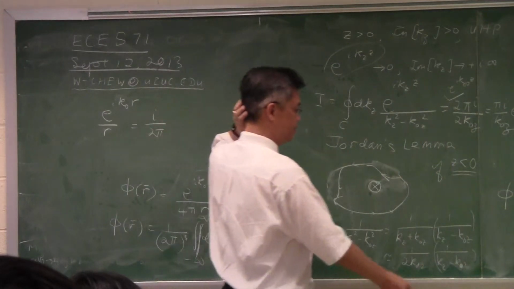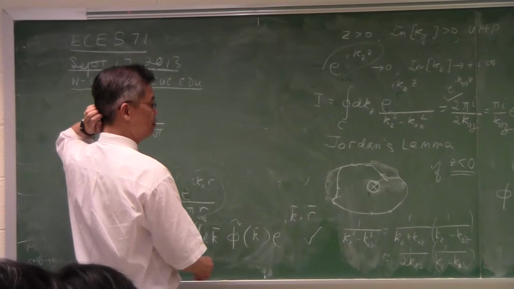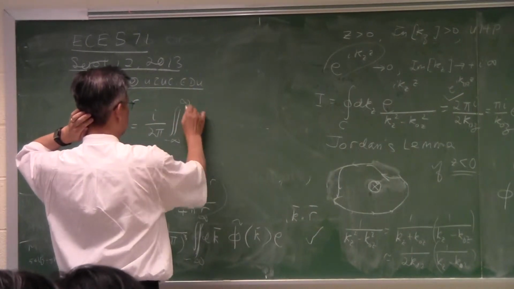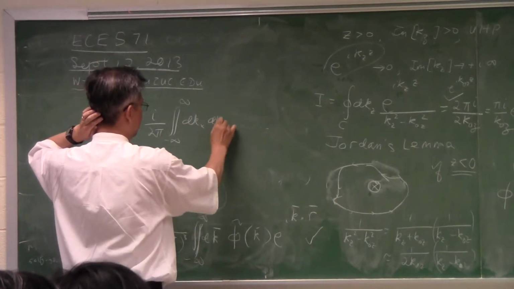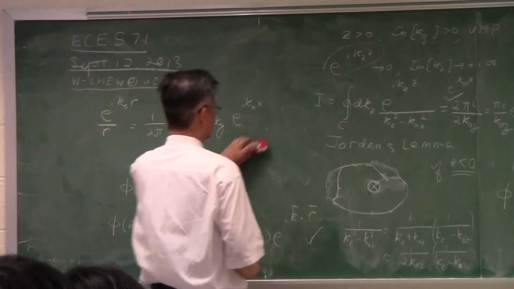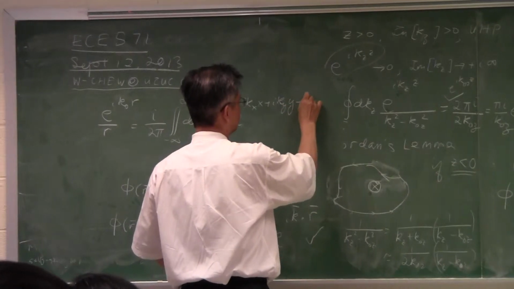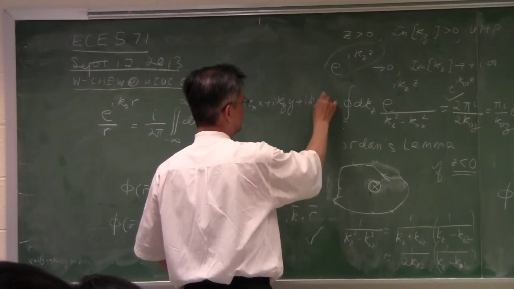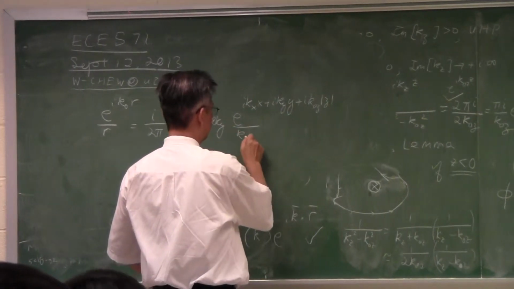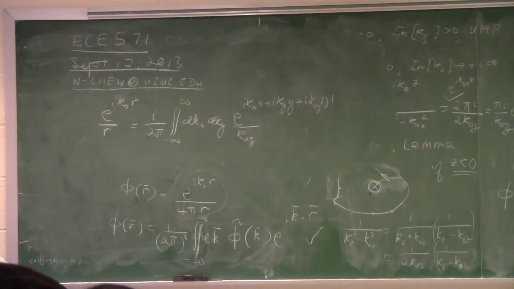Okay, the constant becomes just i over 2 pi, actually. dkx, dky, e to the i kx x plus i ky y plus i k naught z z, and then over k naught z. Let me see if I get this constant correct. Okay, it's i over 2 pi.